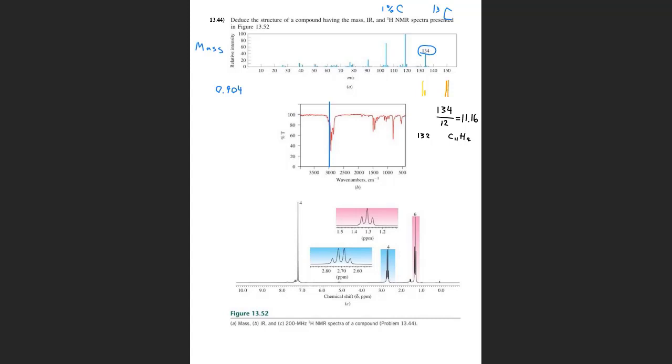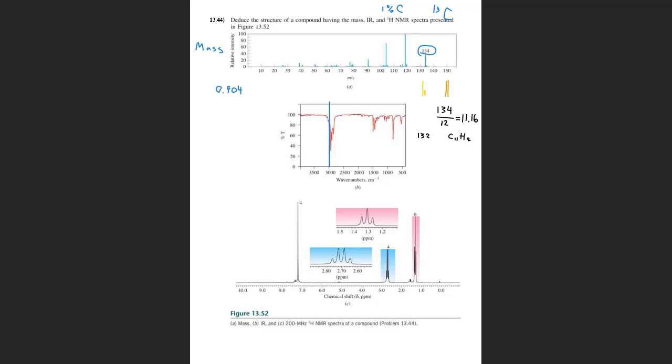Especially not if I go down to the HNMR. HNMR clearly shows that I have 14 hydrogens. This is where you have to use all your spectra together. So this is completely out. I'll drop one carbon.